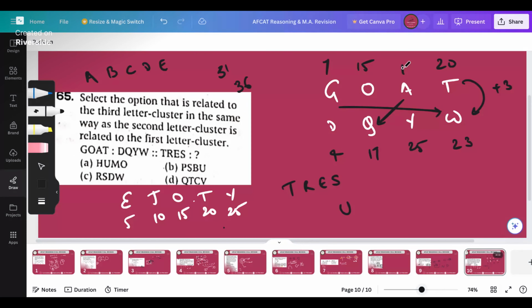The position of A is 1 plus 24, E is 5 plus 24, that means 29. So 29 is like how much? 26, 27, 28, 29. So over here it comes as C, M and O, P, Q, then R, S, T and G.